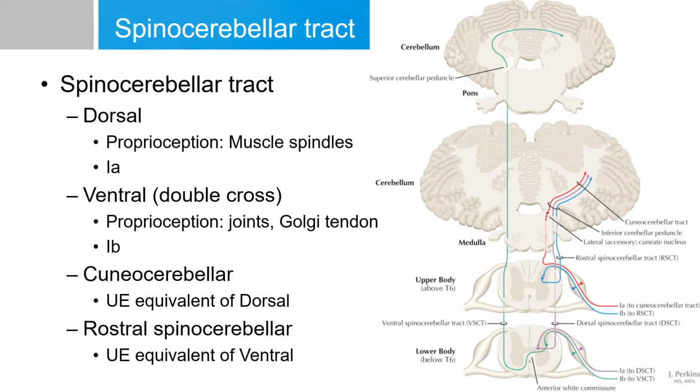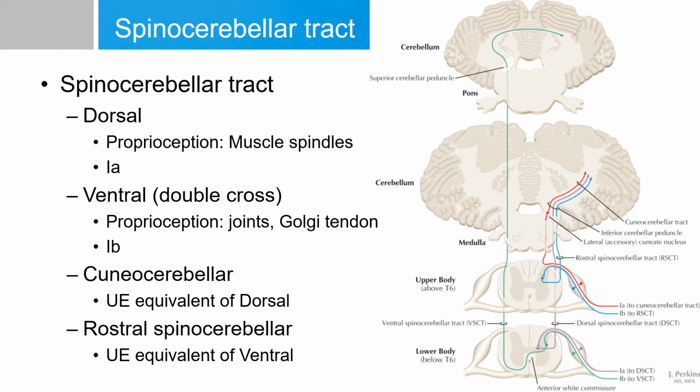When it comes to the spinocerebellar tracts, there are a few varieties, and namely there are four of them: the dorsal spinocerebellar tracts, the ventral spinocerebellar tracts, the cuneocerebellar tracts, and the rostral spinocerebellar tracts. All of them convey spinal proprioceptive information.